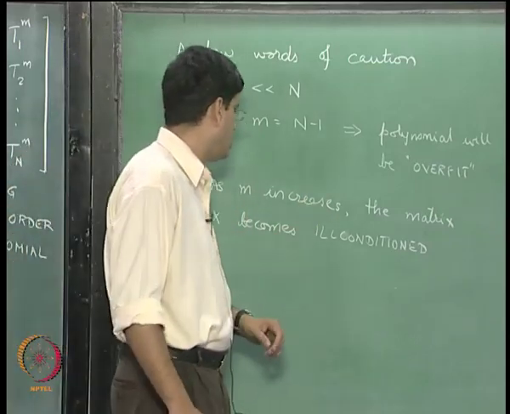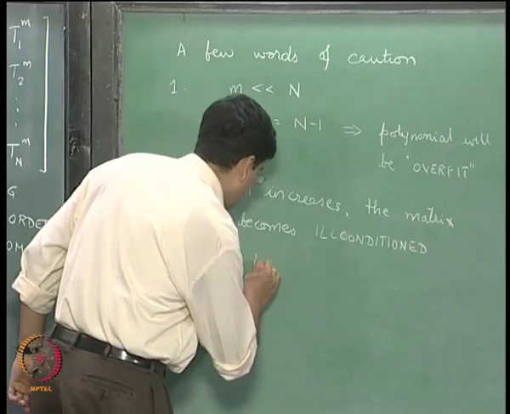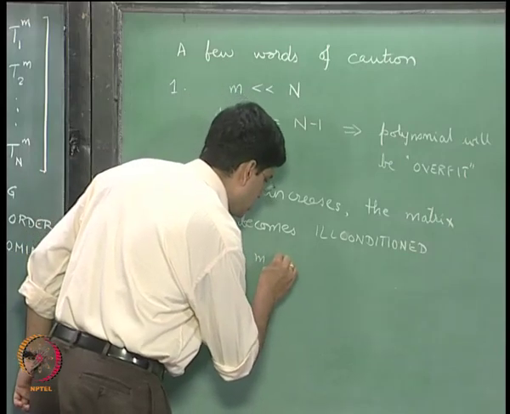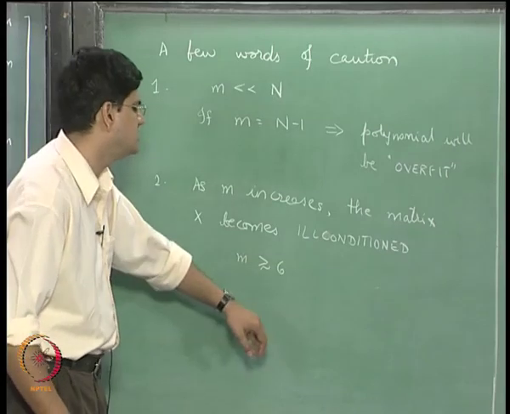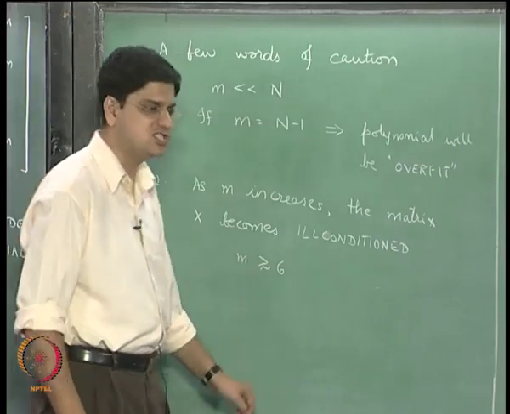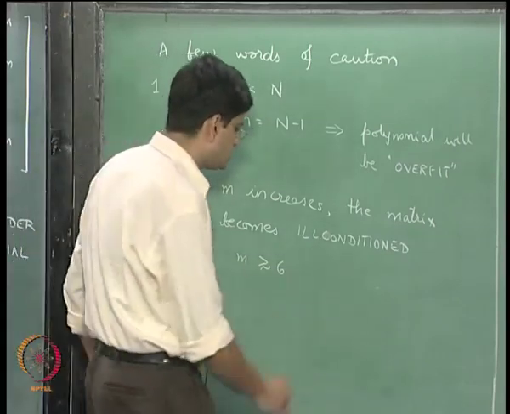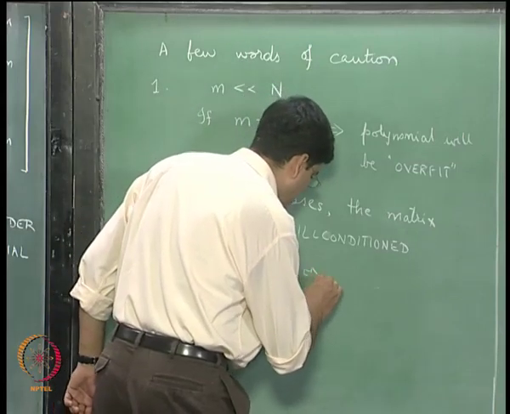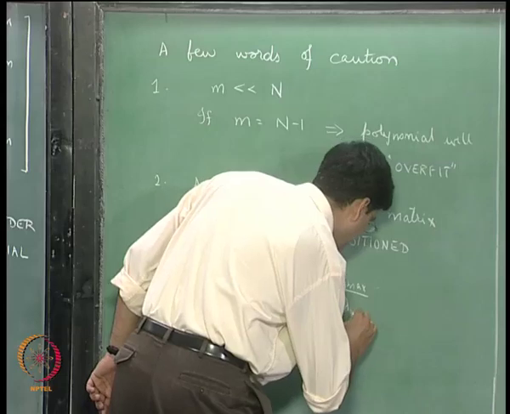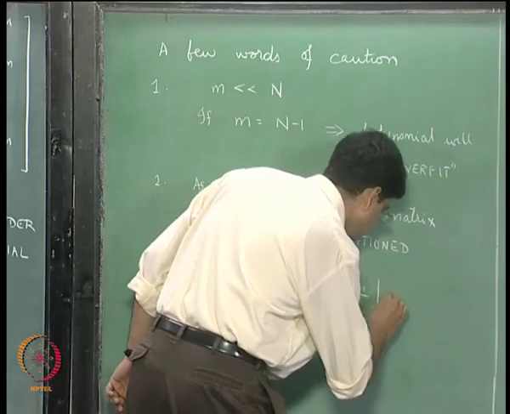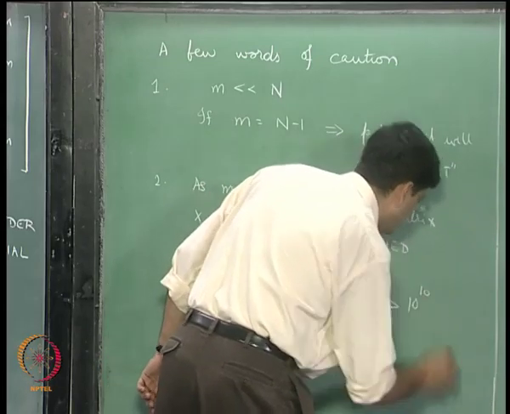Usually what will happen, if m becomes greater than or equal to, and again I am using an approximately equal to sign, say m becomes greater than or equal to 6, the matrix becomes fairly ill conditioned, in that lambda max divided by lambda min starts becoming greater than 10 to the power 10.